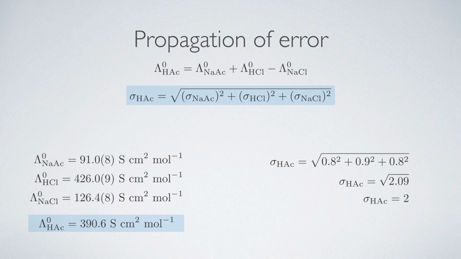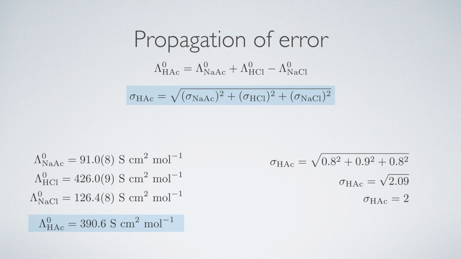Just going back, you'll remember that the errors presented in brackets are an uncertainty in the number immediately preceding the bracket. If I sum the squares of each of these values, I end up with 2.09, and if I take the square root of that, I end up with something around 1.45, which always gets rounded up, so my uncertainty becomes 2.